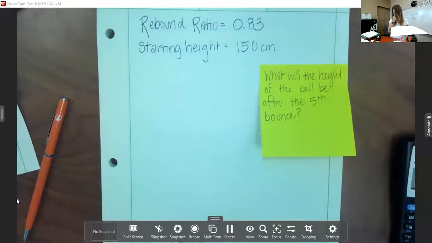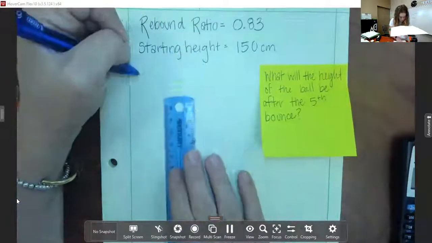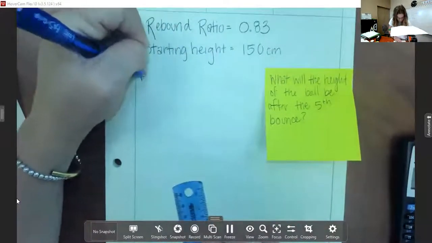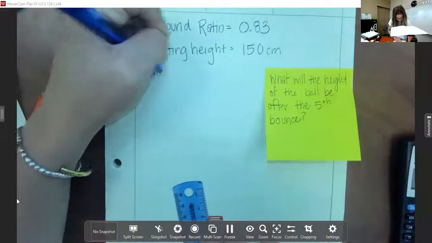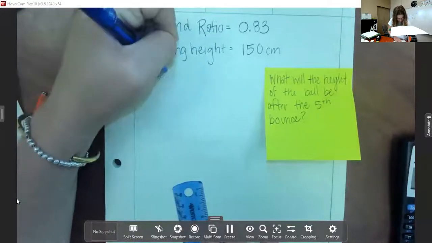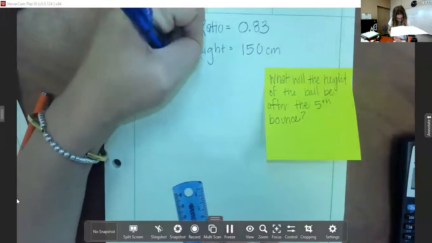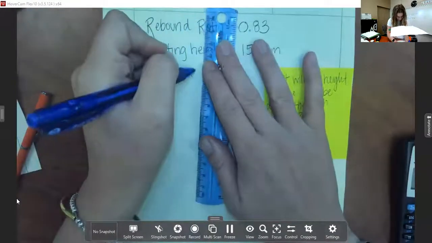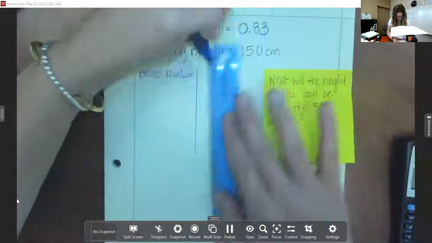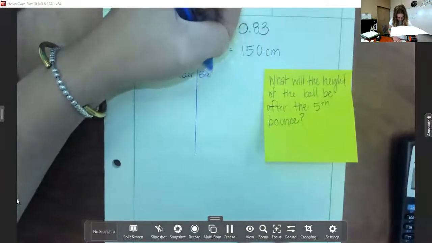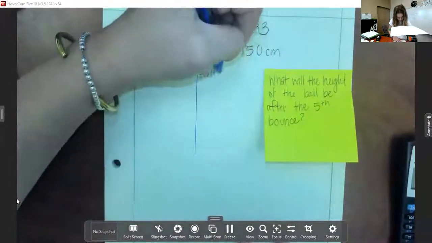All right, how would we answer this? First, I need to make a table. So this is going to be bounce number. And this is going to be ball height. And what are my units? It says centimeters.